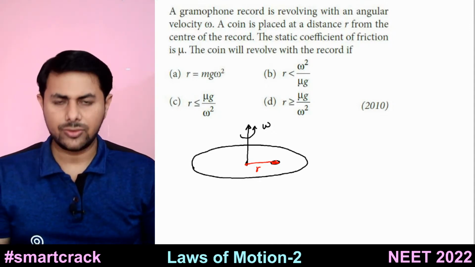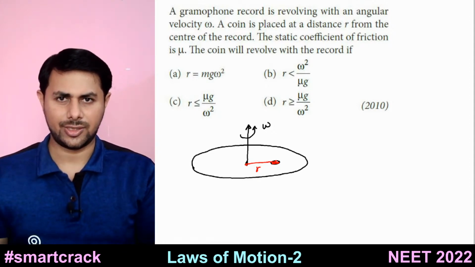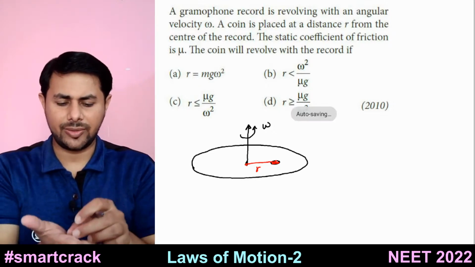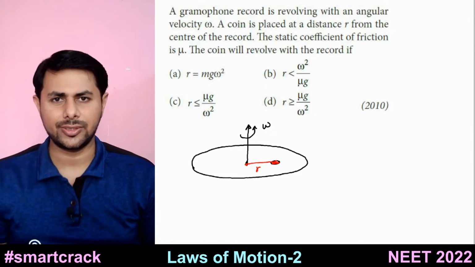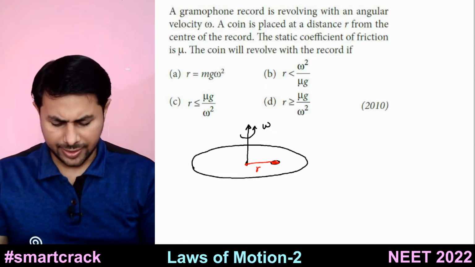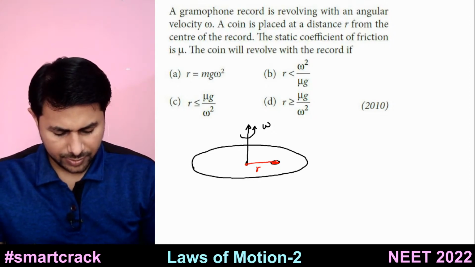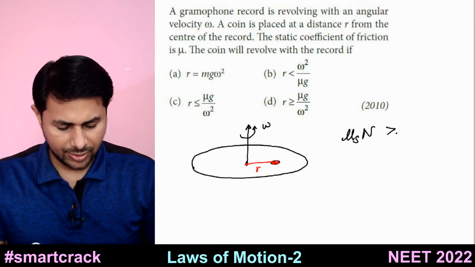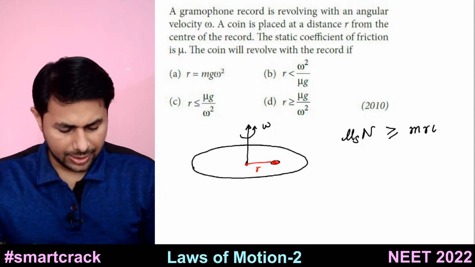When it revolves, it will have a tendency to slip off, right? So which force restricts the coin from slipping off, and also provides centripetal force? It's the frictional force, right? So the frictional force, which is mu s times the normal reaction, should be greater than or equal to m r omega square.